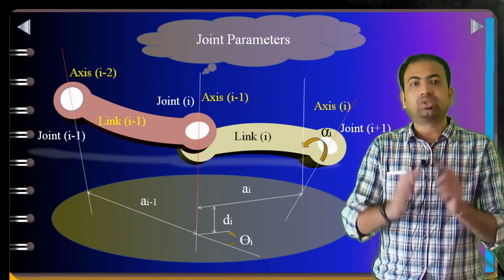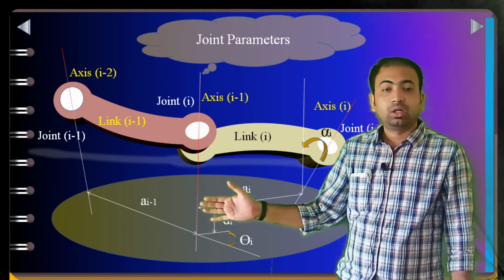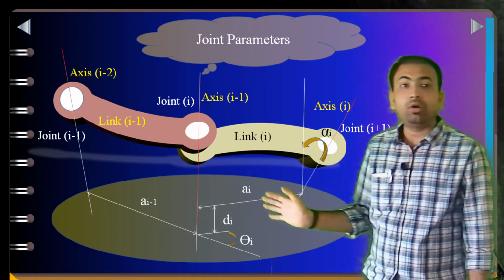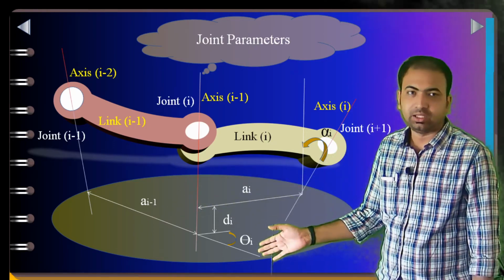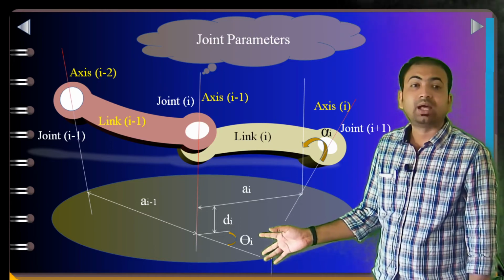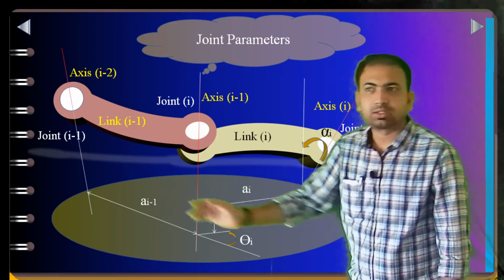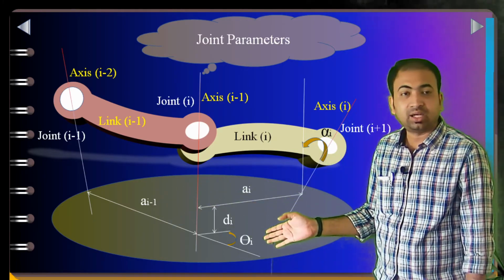Another new term we got is this: if we find the angle between these two common normals, that is nothing but our theta. Theta is the angle between the two common normals. This is represented by the angle theta i.